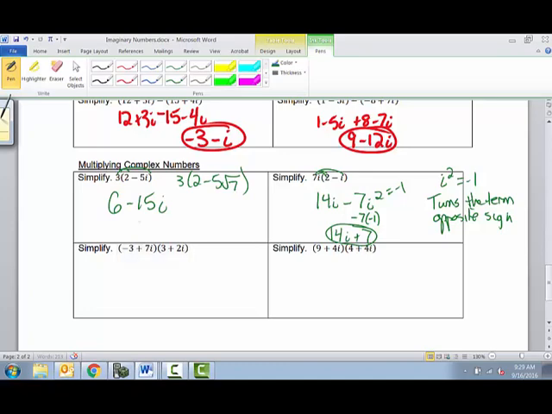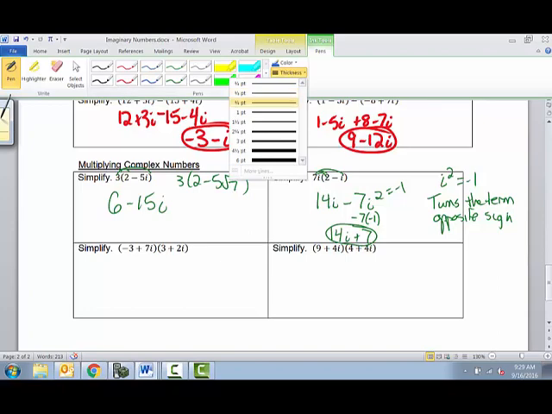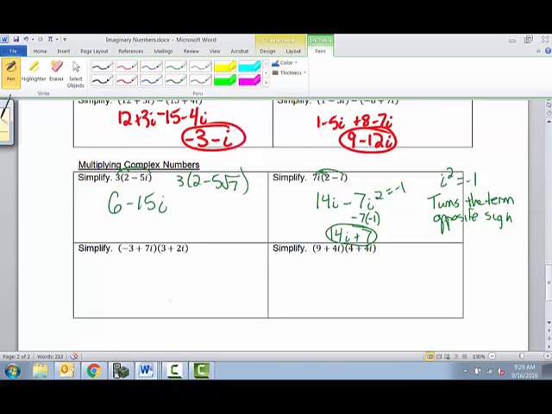Now, if we're multiplying things like this, we got to do FOIL, we got to do the box, we got to do double distribution. I'm going to do double distribution and the box. If you do FOIL, that's fine. Negative 3 times 3 is negative 9. Negative 3 times 2i is negative 6i. Then 7i times 3, 21i. 7i times 2i is 14i squared.